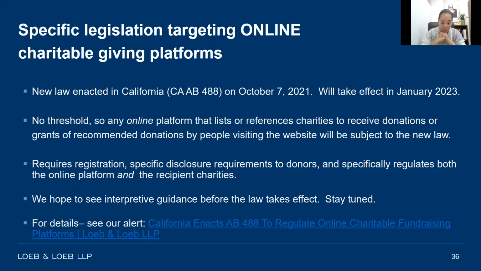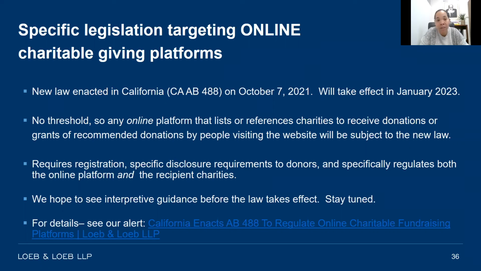One practice point: if you're a brand that does CCVs with 6 or more charities in a year entirely online, the law as drafted will call that a charitable fundraising platform, which would require registration. Under California's law now, pre AB 488 taking effect, it wouldn't require registration.